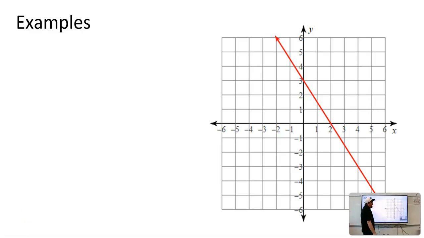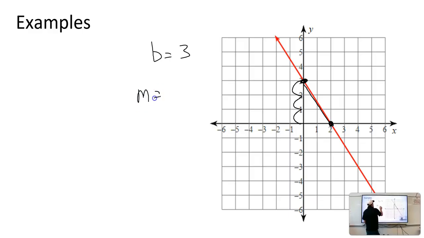All right, let's take a look at another one. Where is my y-intercept? Looks like I'm crossing right here at 3, so I'm going to put my b equals 3. And then where do I cross another intersection as I go along this red line? It looks like I cross right here. So to find the slope, let's do our rise over run. In this case, my rise is actually a fall. So I'm going to go down 1, 2, 3.